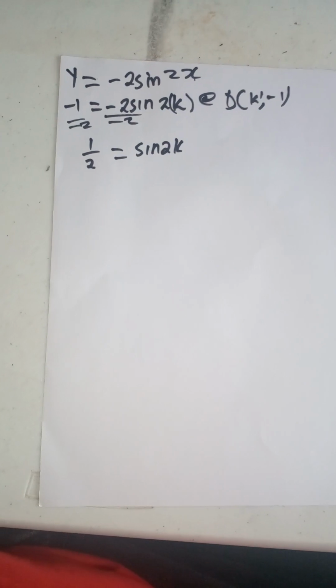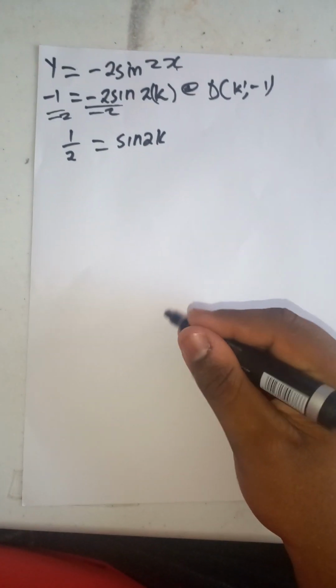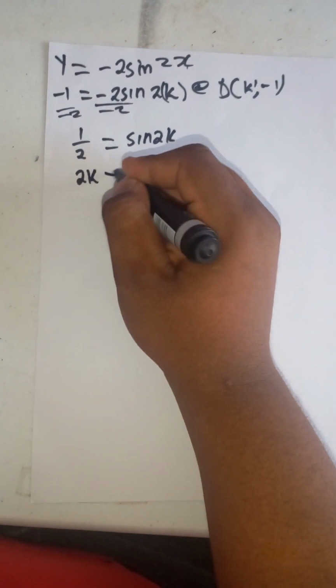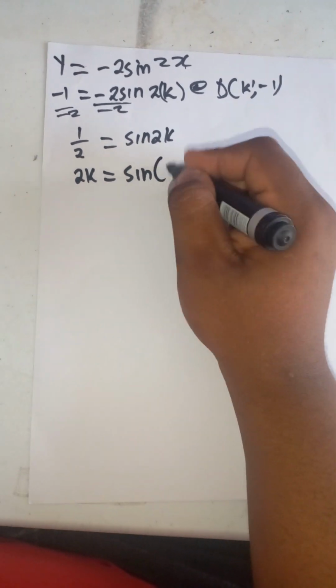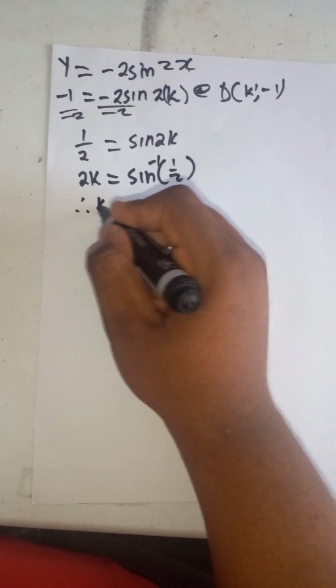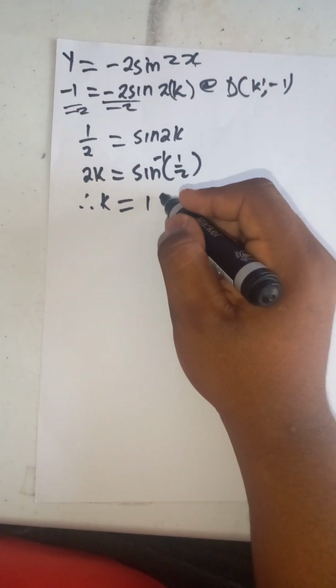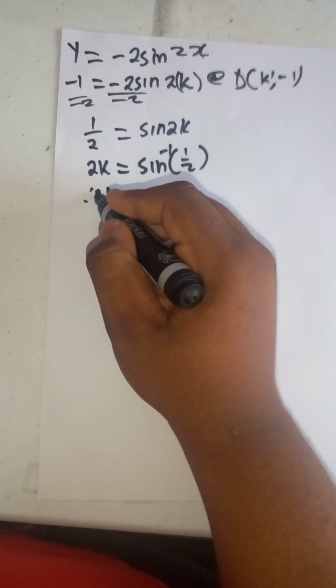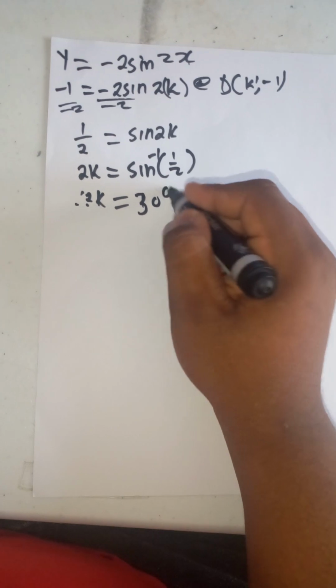Now it is when I'm going to introduce my general solution. So 2k is equal to arc sine of 1 over 2, so 2k is equal to 30 degrees there.